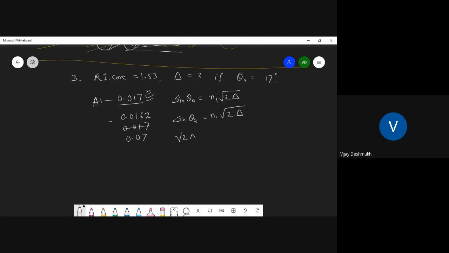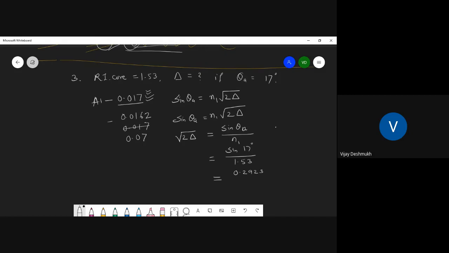Square root of 2 delta equals sine theta A divided by n1, where n1 is 1.53. Sine 17 degrees is 0.2923.